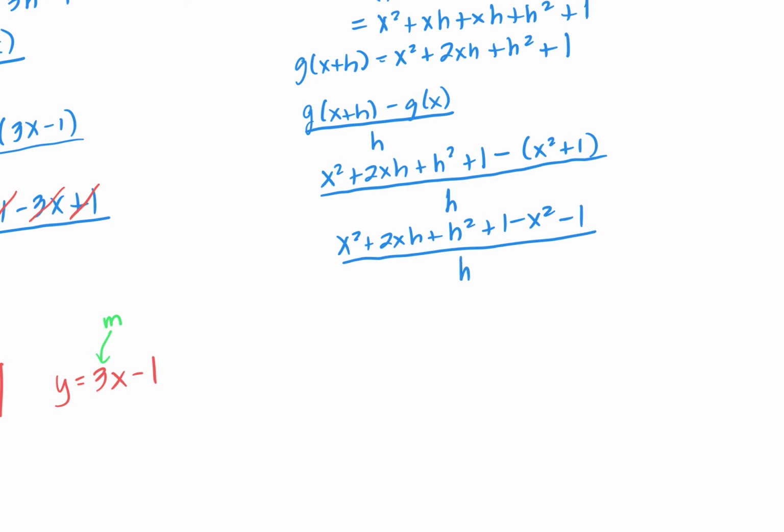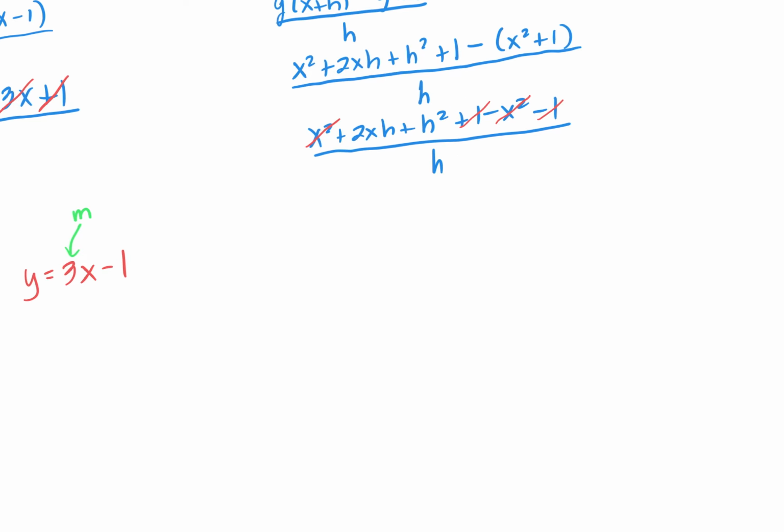So what cancels? X squared minus x squared, 1 minus 1. Notice that when we've been canceling, what has remained is everything that has an h in it. This would be 2xh plus h squared over h.